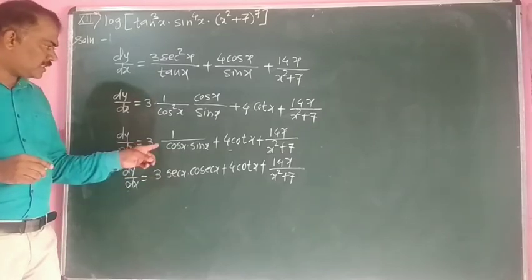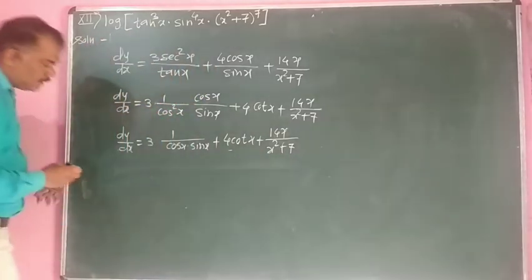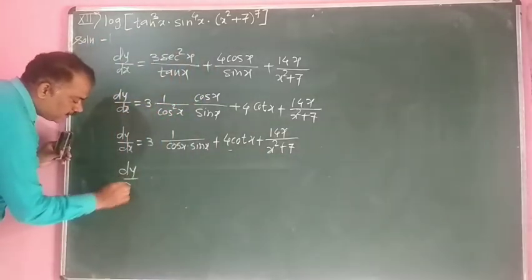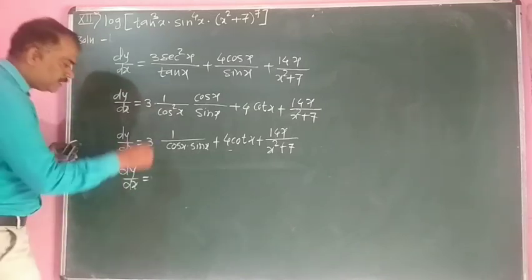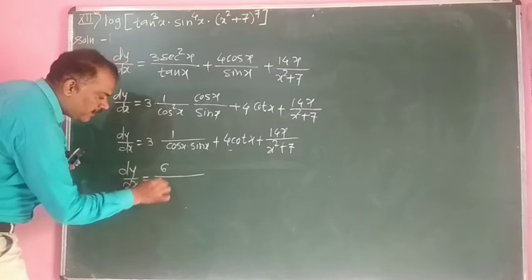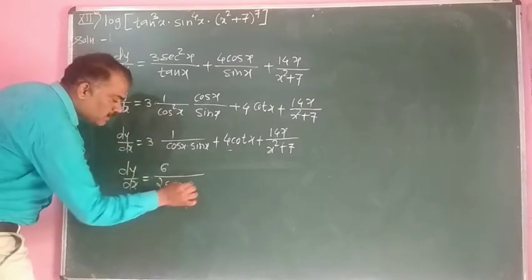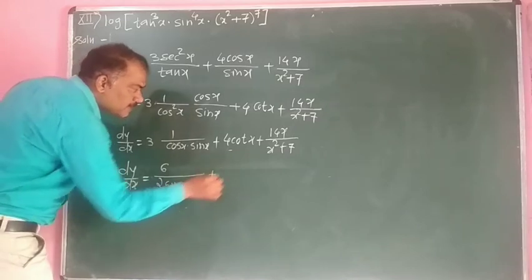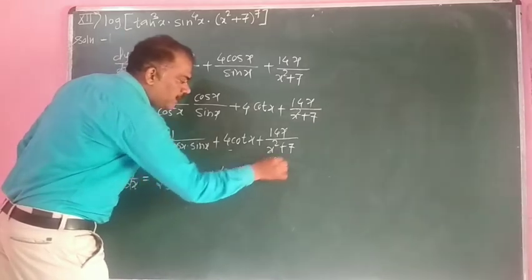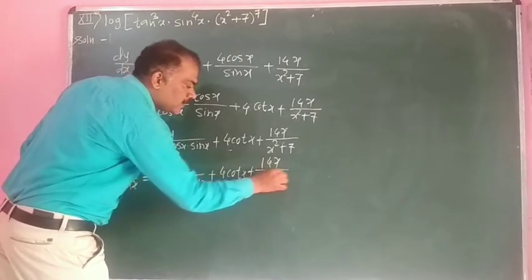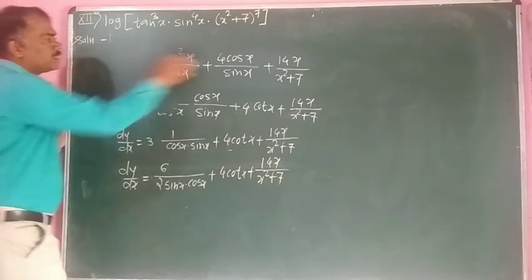If we use these steps, what do we get here? dy by dx is equal to, if we multiply numerator and denominator by 2, that is 3 into 2, 6 divided by 2 times cos x into sin x, which can be written as sin x into cos x, plus 4 cot x, plus 14x divided by x square plus 7. 2 times sin x into cos x is nothing but sin 2x.